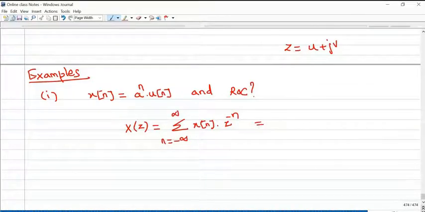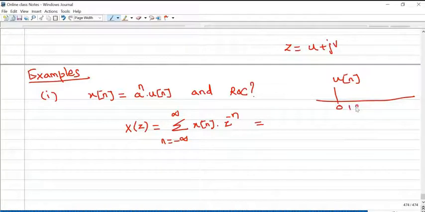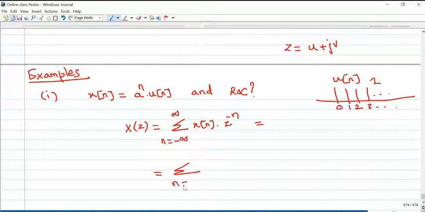But in the given problem u of n is there, and we all know the unit step signal starts from 0, 1, 2, 3 and so on up to infinite, with magnitude 1. So the summation limit is valid from n equal to 0 to infinite only. X of z equals a power n, u of n value 1, z power minus n.